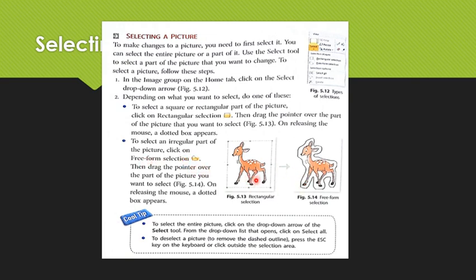Just see here, this is rectangular selection. Figure 5.30 is rectangular selection, and this one is freeform selection. Here 5.14 freeform selection. And after releasing the mouse, the freeform selection becomes a rectangular box.